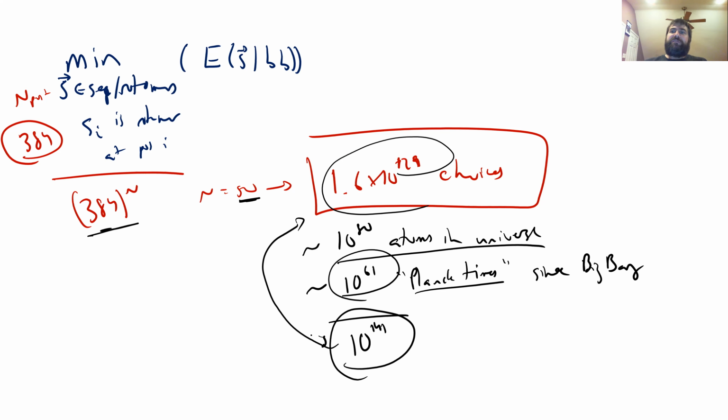It's not just unfeasible with computational power as it exists. Enumerating through these choices and actually asking what is the energy of every one of these choices is something that will never be possible. It would require all of the information in the universe to do that. It's something we absolutely cannot do.